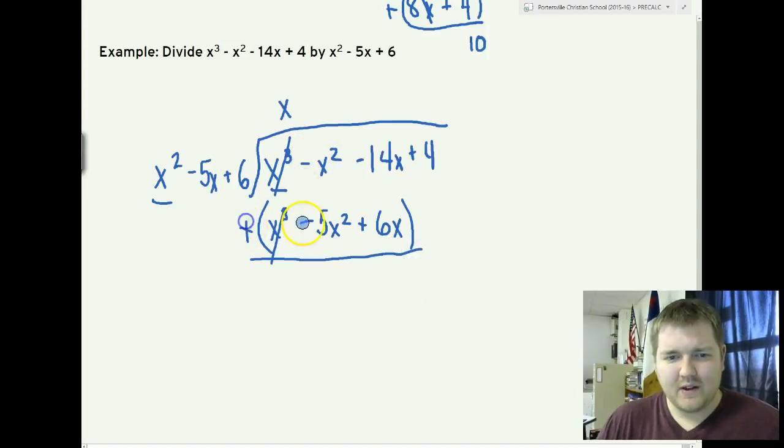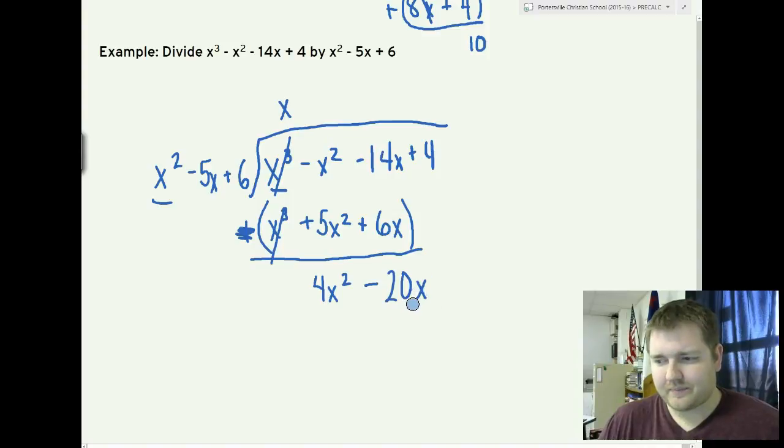Negative x squared plus 5x squared ends up being 4x squared. And then negative 14x, remember this is a minus sign, negative 14x minus 6x gives me negative 20x.